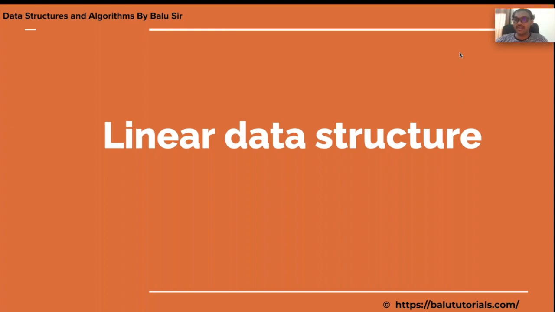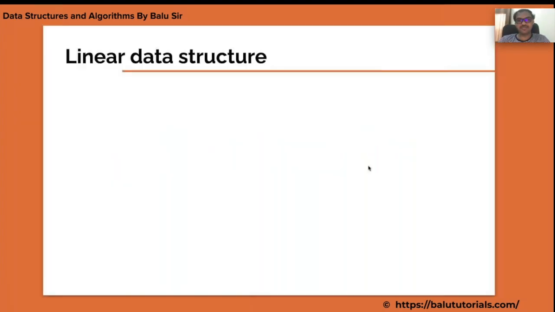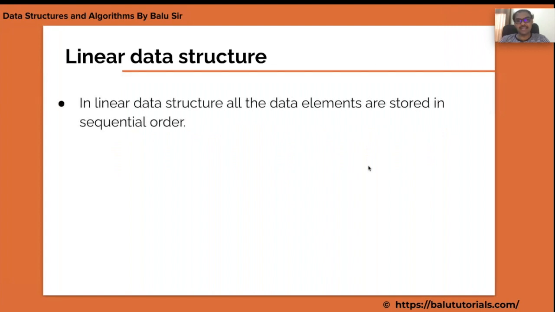That's it. You can't say that sequential memory will always be there. So linear data structure means all the elements are stored in sequential order. Sequential order does not refer to sequential memory. So this point is very important to understand here.